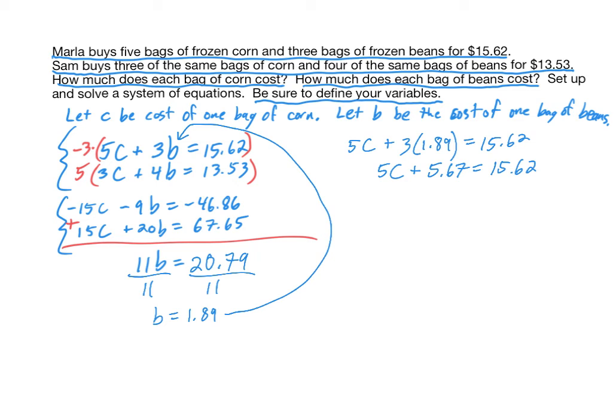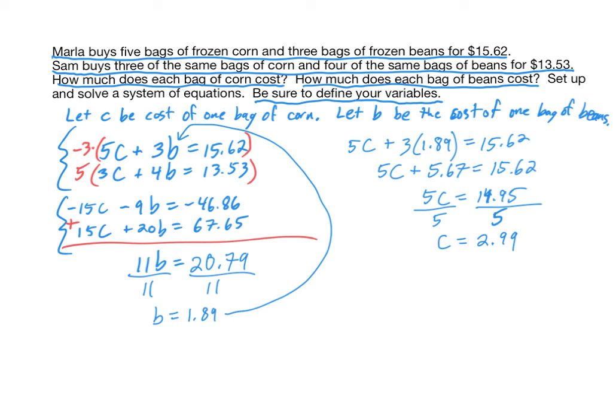And to solve this equation from here, we need to subtract 5.67 from both sides. We get 5C equals 14.95. And we need to divide both sides by 5, which would give us C equals 2.99.